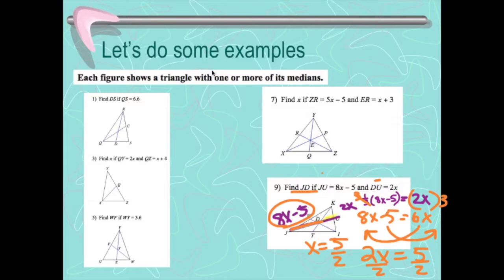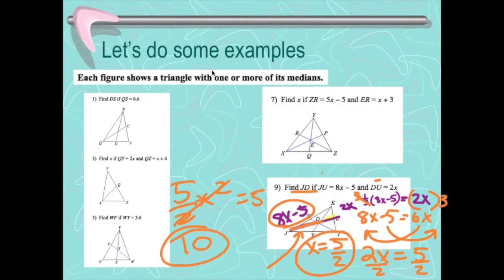So if I plug in the x into the 2x, that's how long that is, we'll get 5/2 times 2. That will become 5. And that piece is now double that, so it's 10. JD is 10.